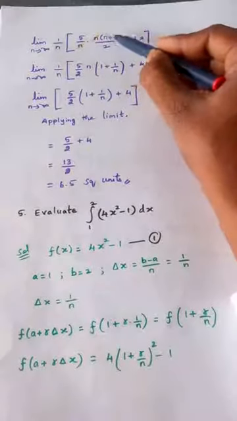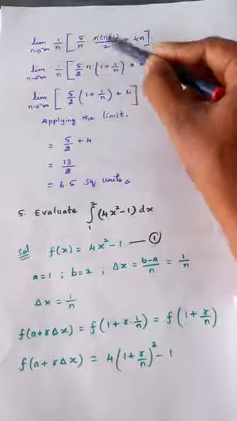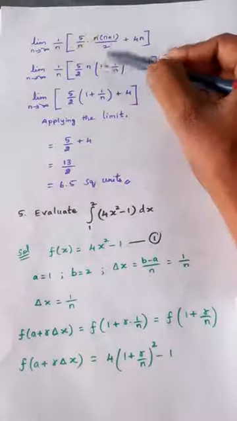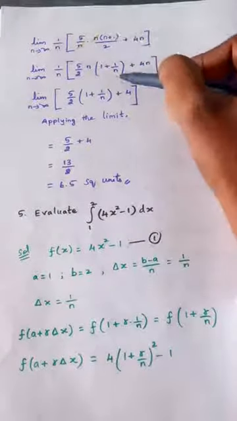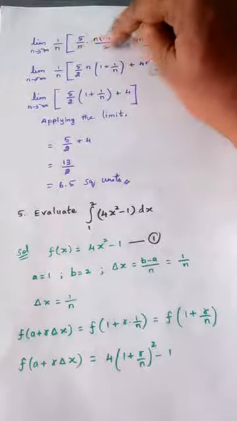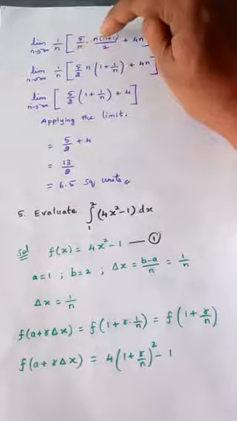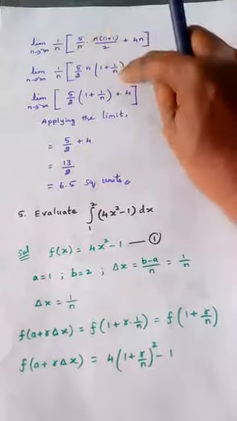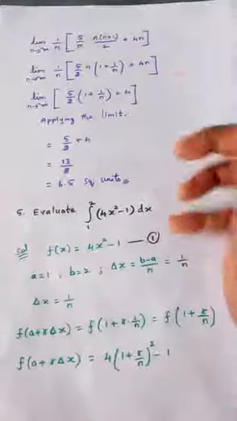So here n will become 1, and here 1 means 1 by n. So this step comes because of taking n from this bracket outside. So this becomes 1, this becomes 1 by n, plus 4n.